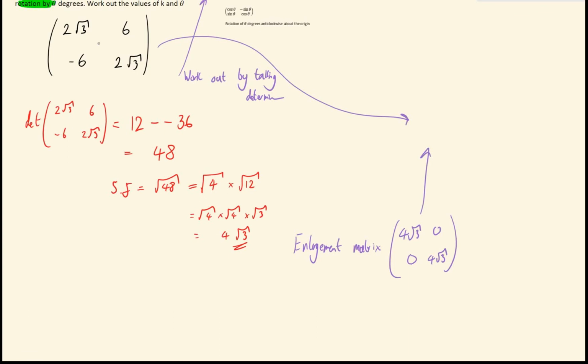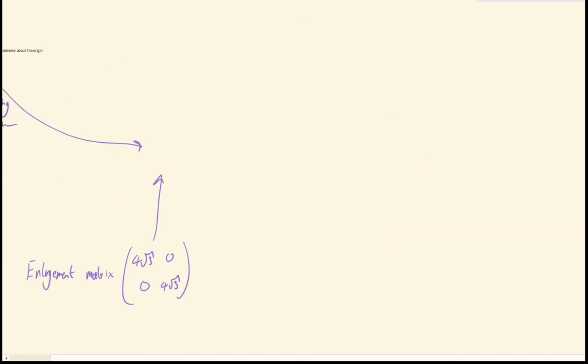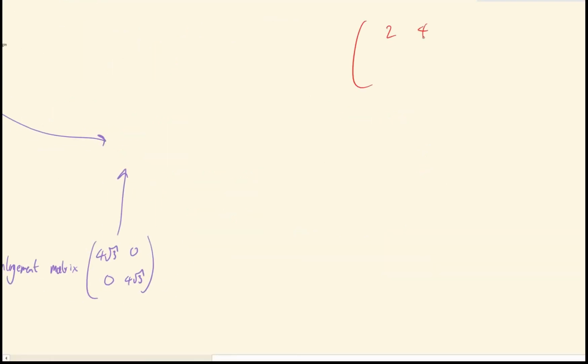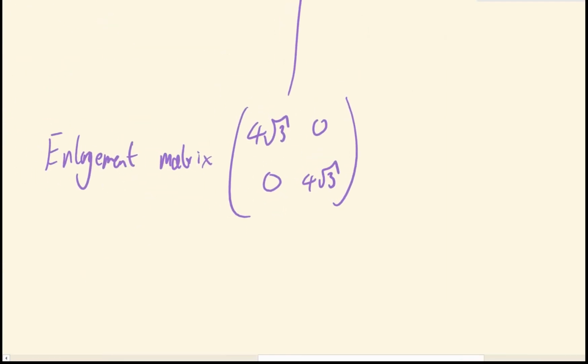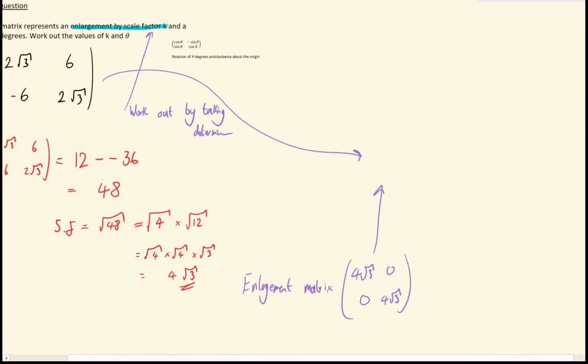If I divide the 4 root 3 out of each term, I'm going to be left with just the rotation. If I have any matrix and I multiply it by (2, 0, 0, 2), that will double all my entries. So because in this case I'm multiplying it by 4 root 3, it's going to multiply all those entries by 4 root 3.